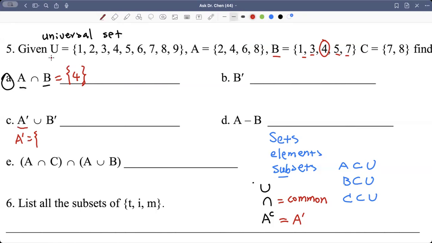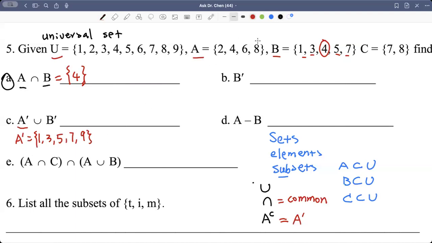Compare U and A. 1 is in the universal set, not in A, 3 not in A, 5 not in A, 7 not in A, and 9 not in A. So those 5 elements are not in A, and we call them the complement of A.